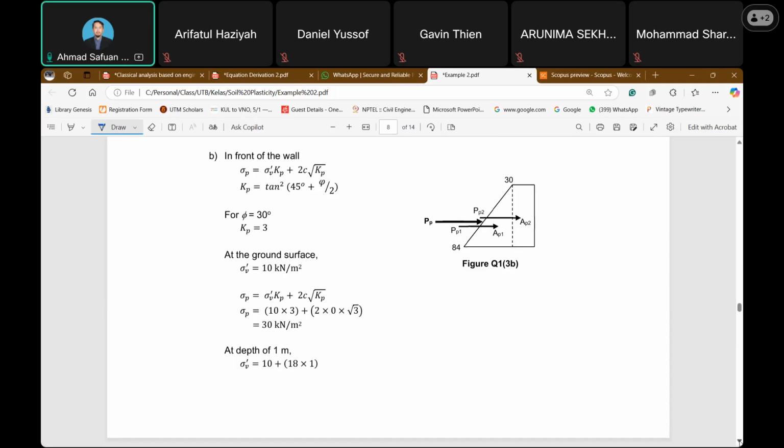So that is for the example Q3. For this example, we include the passive value as well. Q2 was only on the active, and Q1 discussed at rest.